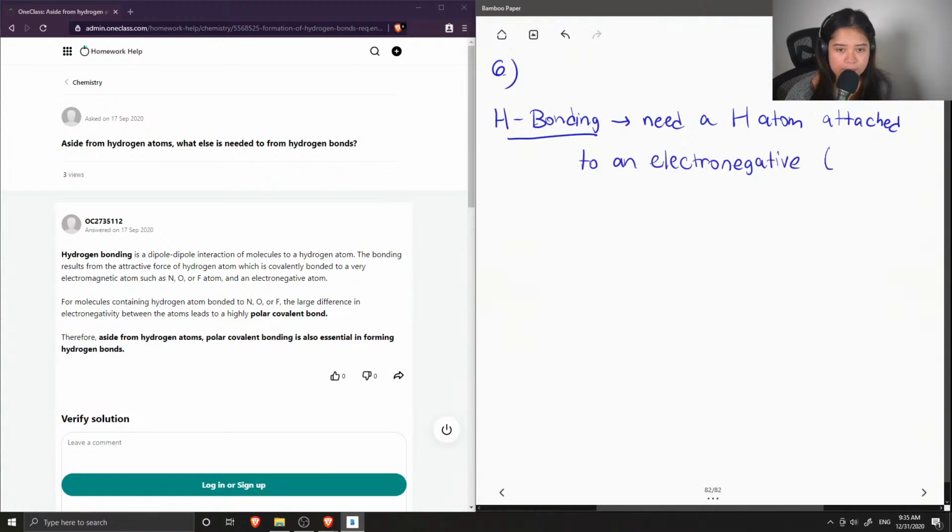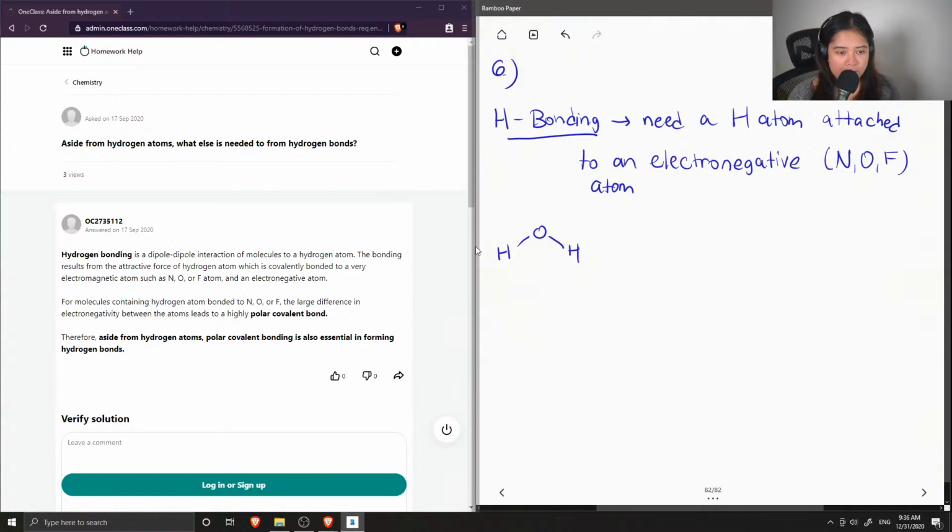So some examples would be nitrogen, oxygen, or fluorine. The reason we need an electronegative atom is because we need to create dipole moments in our molecule in order to have hydrogen bonding take place.